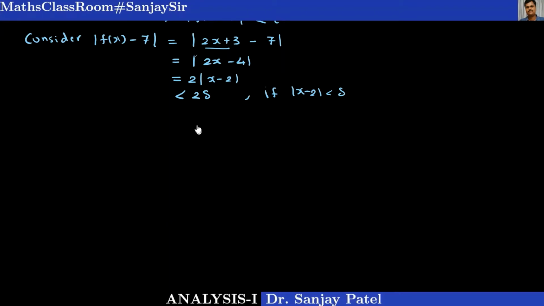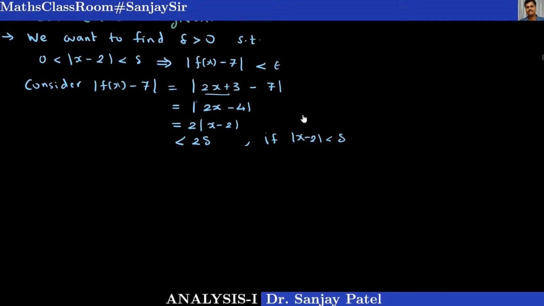And from this we get the idea that if I choose delta, this delta is in my hand. Epsilon is given by the opposite person or some third person, or you can take any value of epsilon yourself also. And your job is to give delta so that whenever the condition |x - a| < delta is satisfied, that is here |x - 2| < delta, then we must have |f(x) - L| < epsilon.